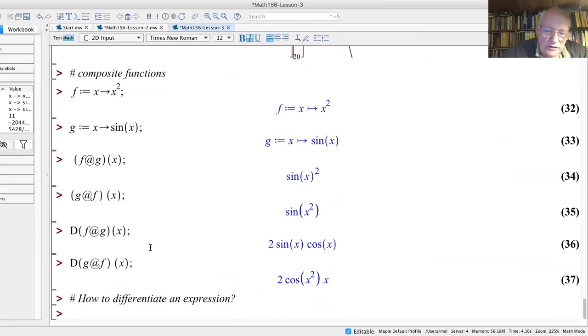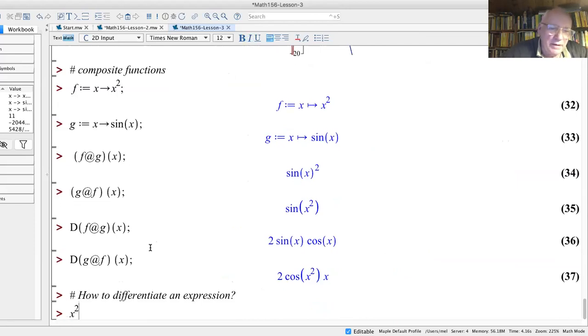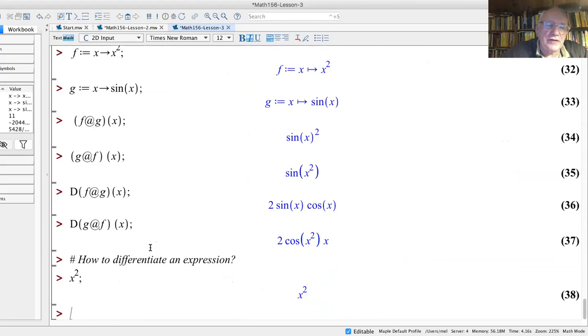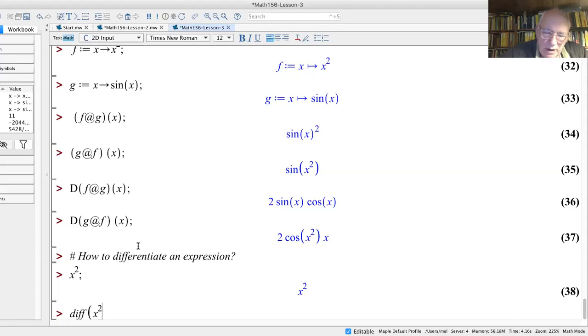An expression is something like x squared. x squared is not a function, that is just an expression. And the command to differentiate an expression is diff, lowercase d, the expression x squared, and you have to say what variable you're differentiating with for an expression.